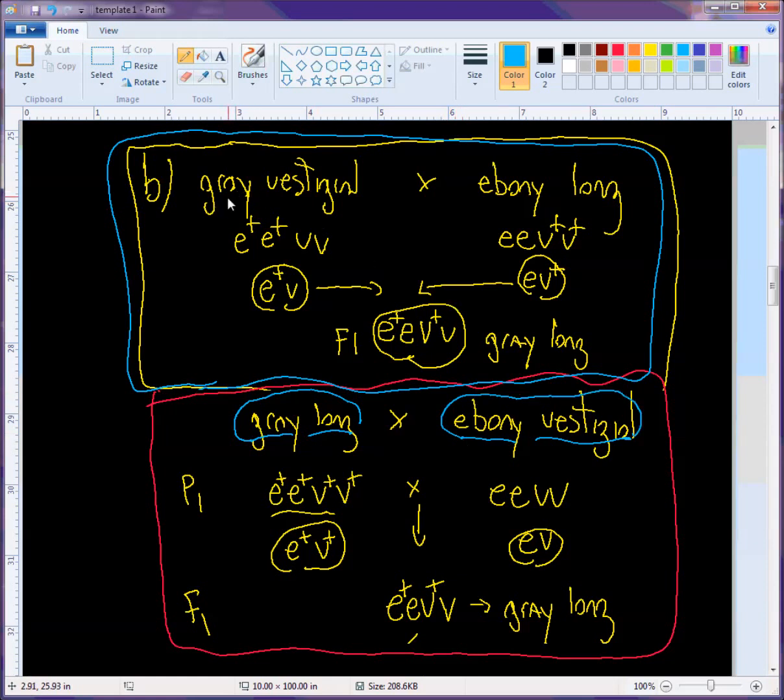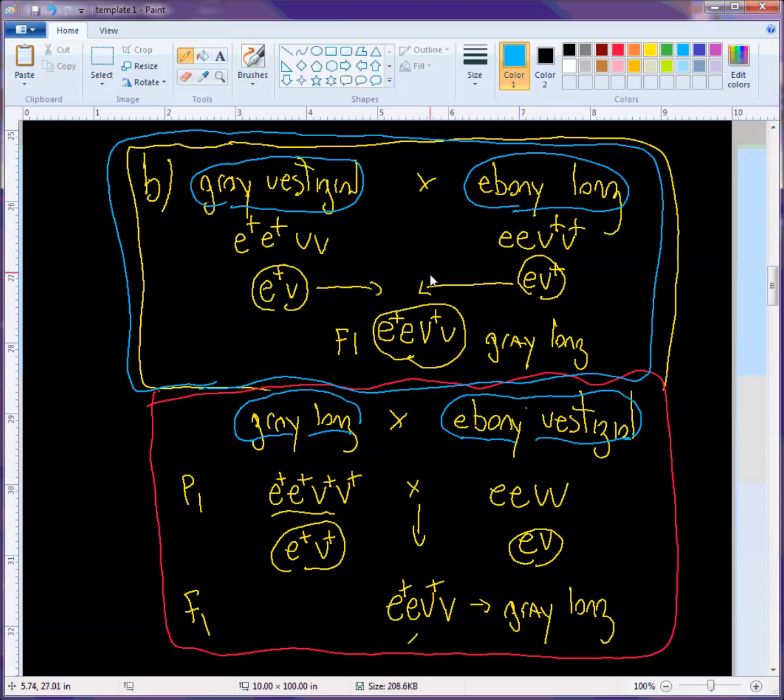In B, we have a dominant trait with a recessive trait. So we have gray with vestigial in one fly, and in the other fly we have a dominant trait, long, with a recessive trait, ebony. So we just switch one of the traits. Instead of gray and long, we have gray and vestigial. Instead of ebony and vestigial, we have ebony and long in the other cross.